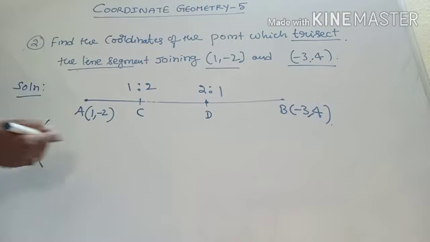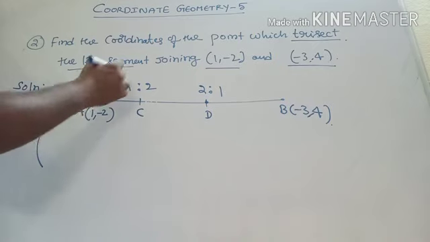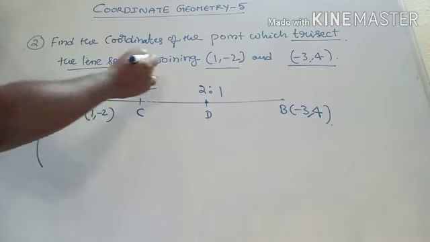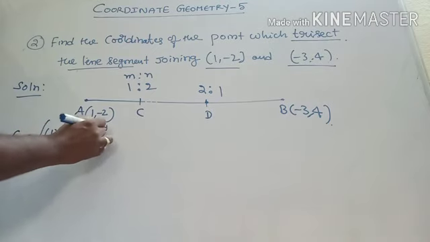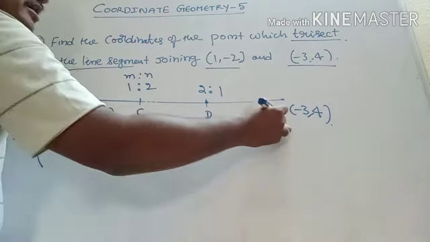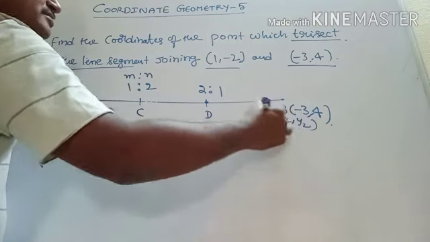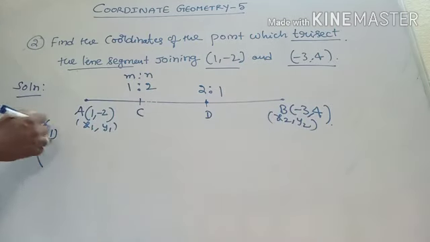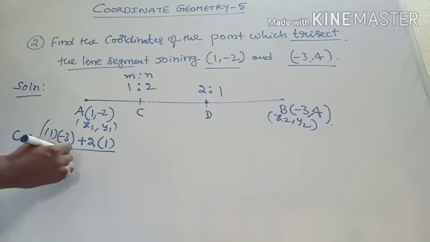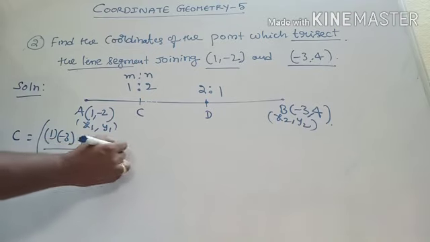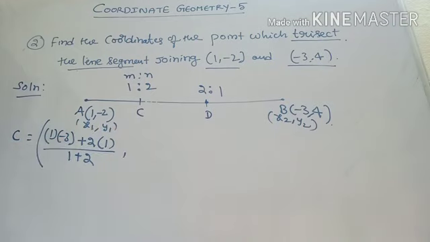C is (mx2 + nx1)/(m + n), with m:n, where this is x1, y1 and this is x2, y2. So m into x2, that is 1 into -3, plus n into x1, n is 2 into 1, divided by m plus n, that is 1 plus 2, which is 3.